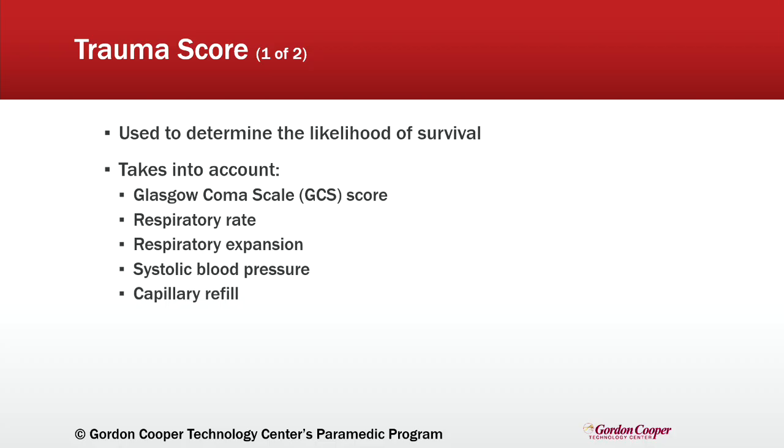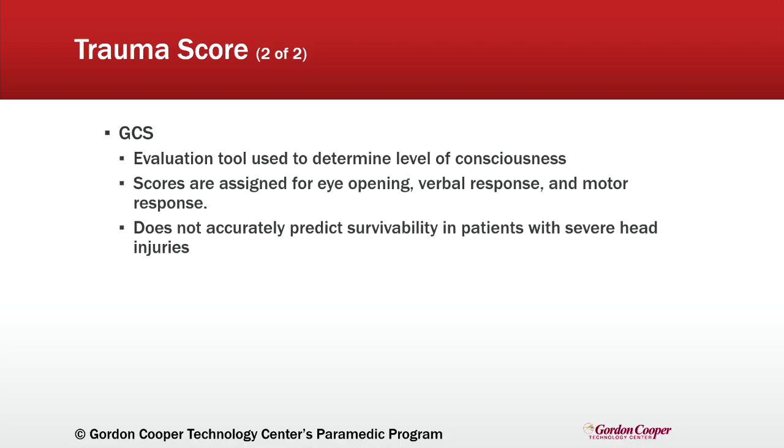Respiratory rate, respiratory expansion, systolic blood pressure, and capillary refill are all elements of that. So we take the GCS and we assess the patient's level of consciousness, and then scores are assigned for eye-opening, verbal response, and motor response. And this can help predict patient outcomes. It does not reliably predict survival in patients with severe head injuries, though.